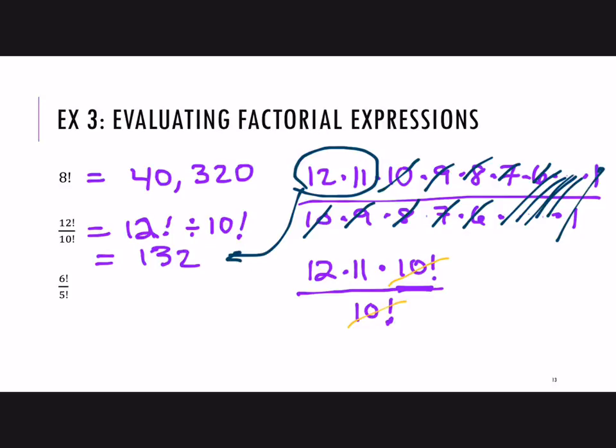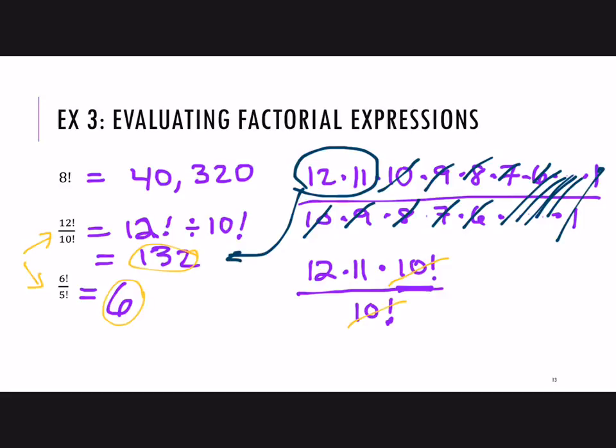Okay, try another one. How about 6 factorial divided by 5 factorial? Okay, and you should see that that equals 6. All right. So notice that 12 tenths reduced is 6 fifths, but notice that the factorials are different. So what that means is that you can't just reduce fractions before you do that factorial symbol.